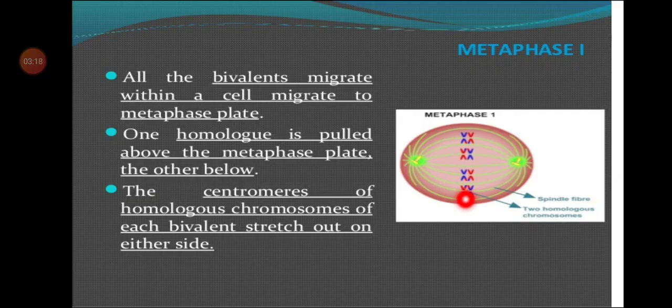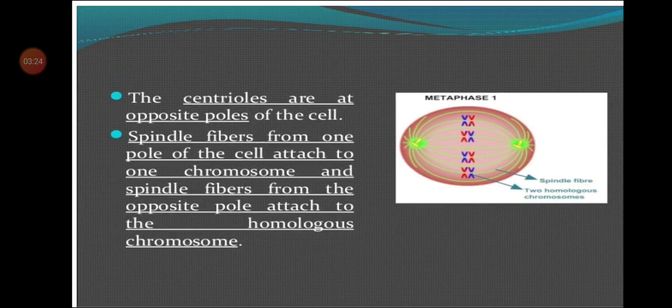The centromeres of the homologous chromosomes of each bivalent stretch out on either side. So the centrioles are at the opposite poles of the cell. Spindle fibers from one pole of the cell attach to one chromosome and spindle fibers from the opposite pole attach to the homologous chromosome.